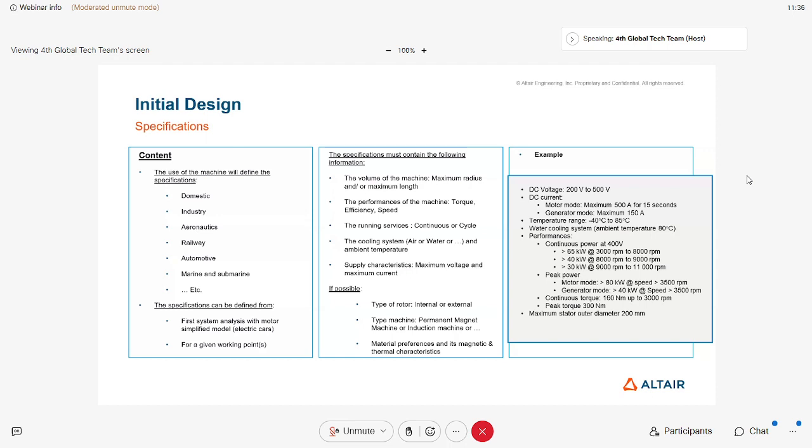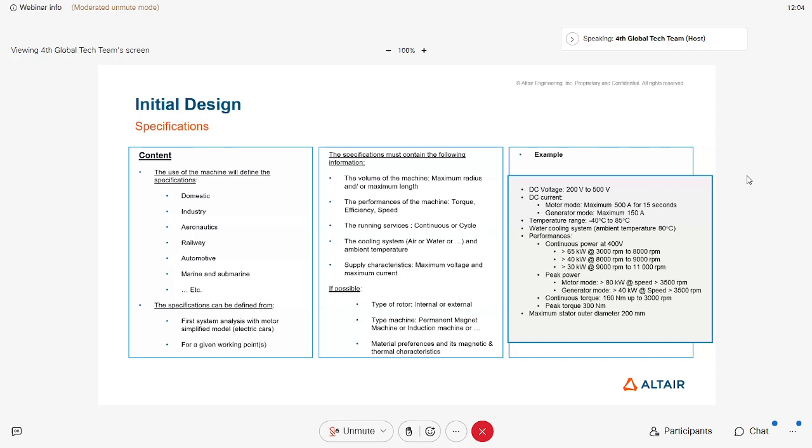You are welcome, Mohammed. So what we need from the specification, actually, we need to find some geometrical constraints: the maximum length or the maximum radius or diameter that we need to satisfy the performances of the machine, like the torque, the efficiency, and what is the maximum speed we need to reach.